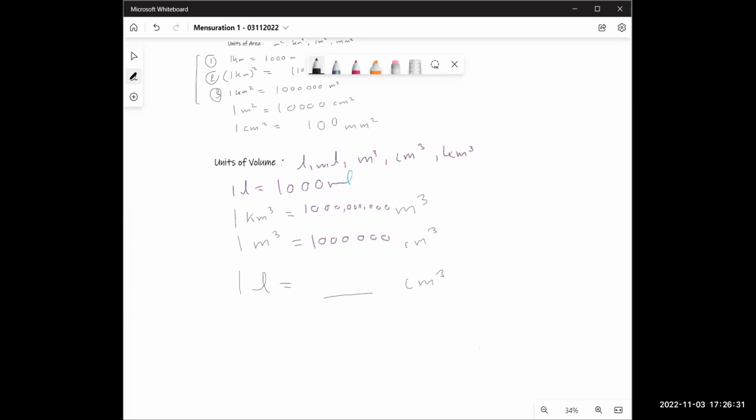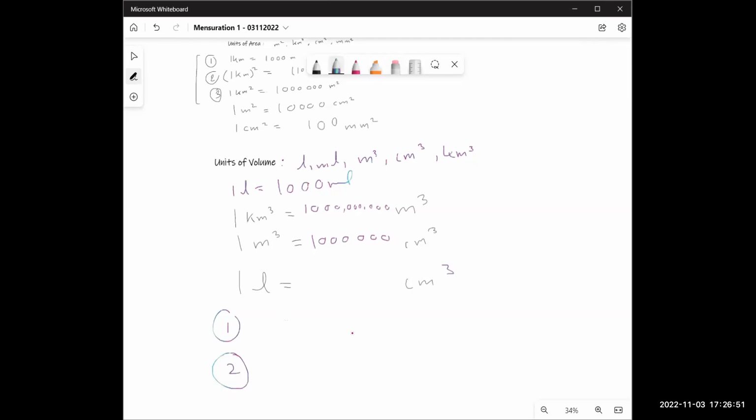We can convert 1 liter to milliliters, and then from milliliters we can get centimeter cube. So you're telling me there's again a double step process? Why can't we just make it simpler?